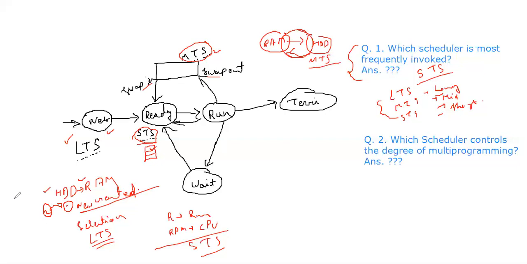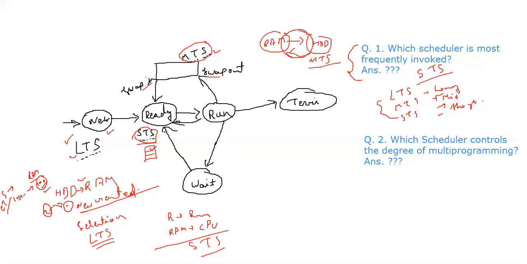So from hard disk, you can select 100 processes and send them to the RAM at one instance of time. So that is long-term scheduler. Now, once the long-term scheduler has sent those 100 processes, and suppose RAM is now full, this LTS has to wait until your RAM gets a little bit free. Hence, once it gets a little bit free, only then will it get invoked again.